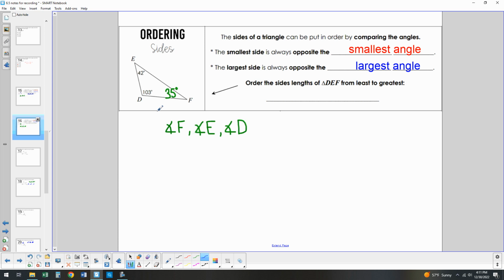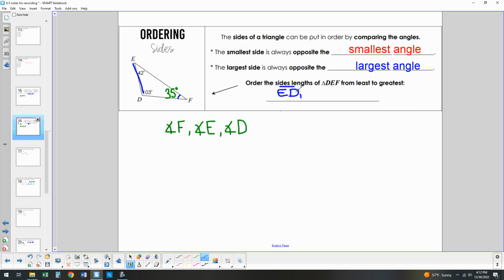So now what I would do is I'm going to look at the smallest angle in this picture, which was F, then my next angle was E, and my last one was D. So I start by putting the angles in order so that I could put the sides in order. When I'm talking about angle F, the two letters I didn't use were E and D. So that means ED is the smallest side, right?